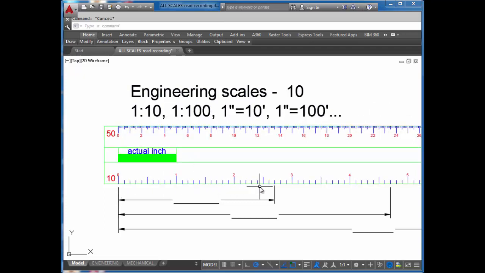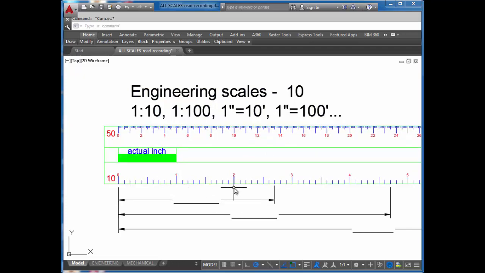The scale itself cannot really be read without knowing the scale of the drawing. So we'd look at the scale of the drawing and see what it says, and then we'd know how to treat that number. So let's imagine that we're using this 1 inch equals 10 foot scale and read the scale. If it's 1 inch equals 10 feet, then I know this 1 inch here is equal to 10 feet.